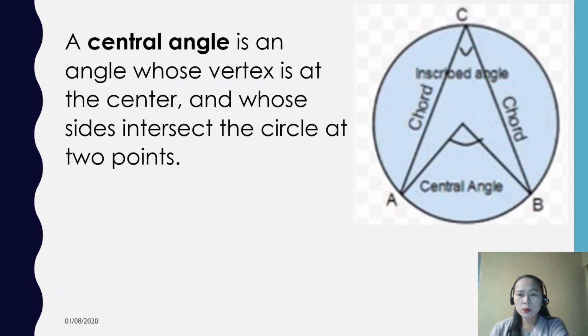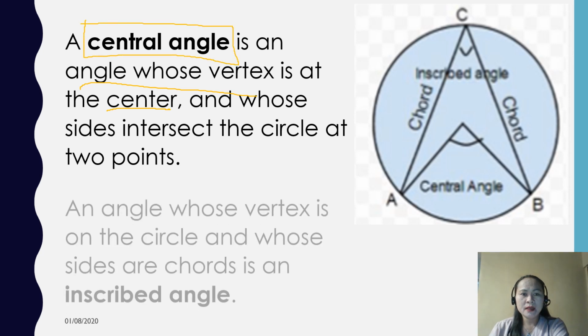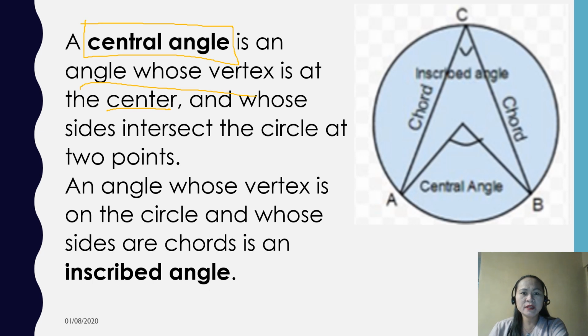Next, we need to understand two simple angles on the circle. An angle whose vertex is at the center of the circle is a central angle. An angle whose vertex is on the circle is an inscribed angle. When we draw two radii on the circle, what we get is the central angle.